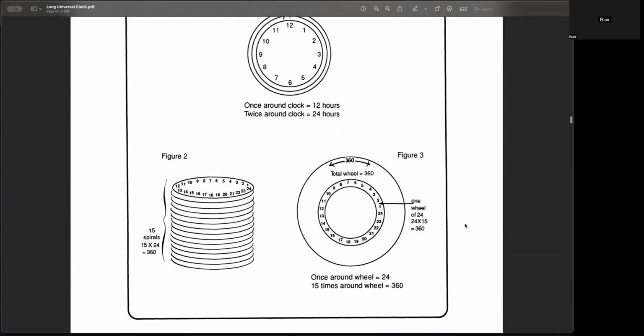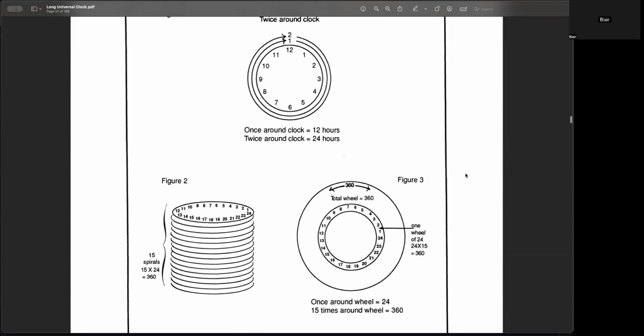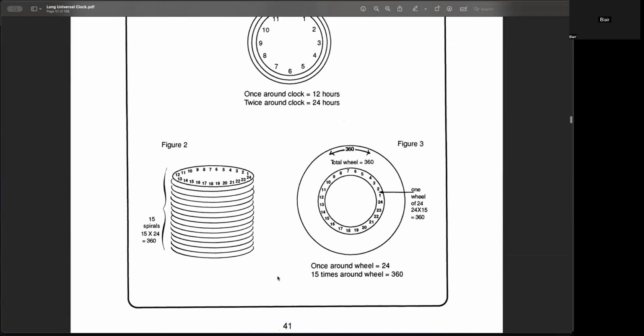It's really based on what's called the 15th harmonic. So if you take 360 degrees and divide it into 15 subdivisions, each segment is now 24 degrees. You stack those 15 24-degree discs on top of each other, you get a complete cycle.